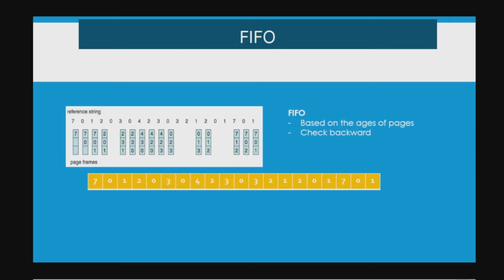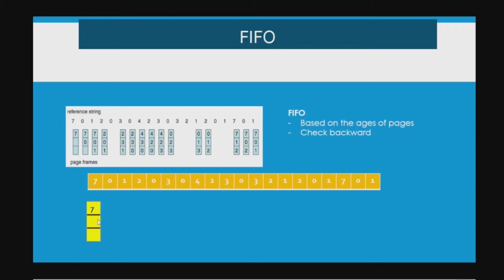For FIFO, you need to remember that it is based on the age of pages and checks backward. The first string we have is 7, and in this example, let's say we only have 3 frames: 0, 1, 2. So 7 will be allocated in the first frame.